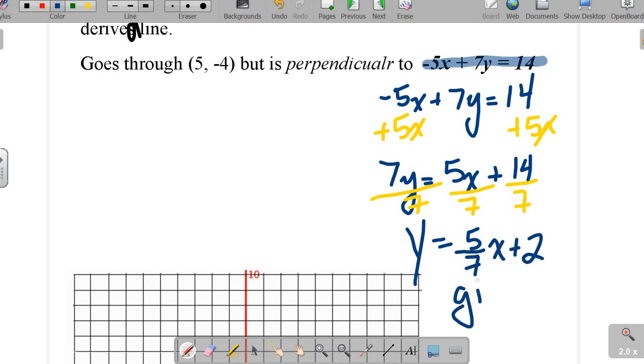So our given line is this, y equals 5/7 x plus 2.